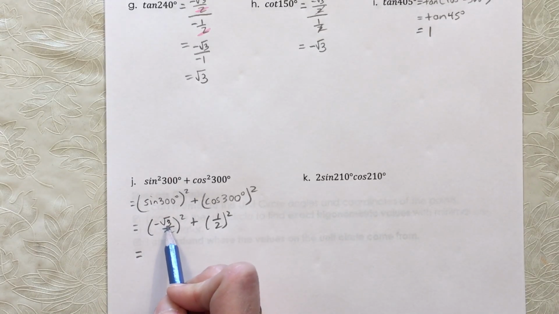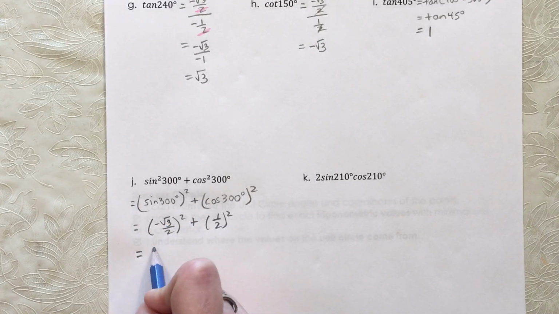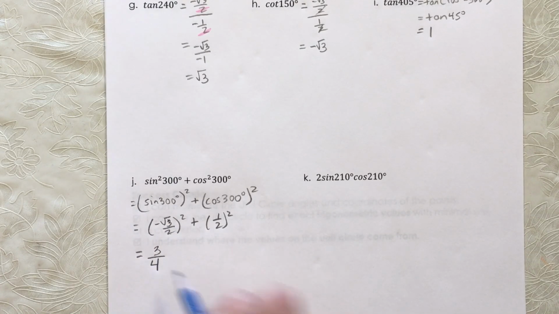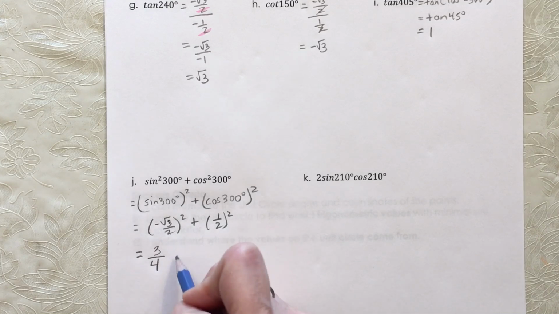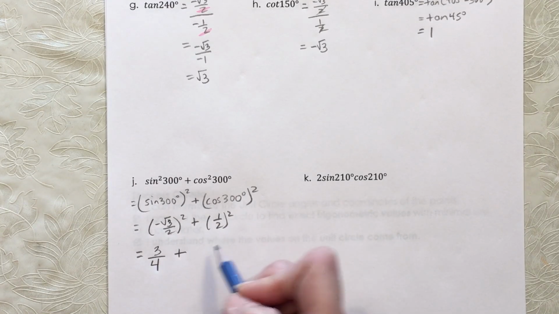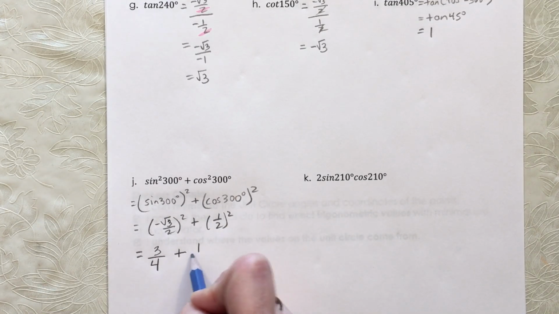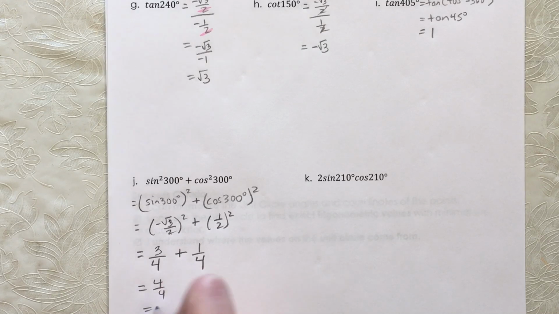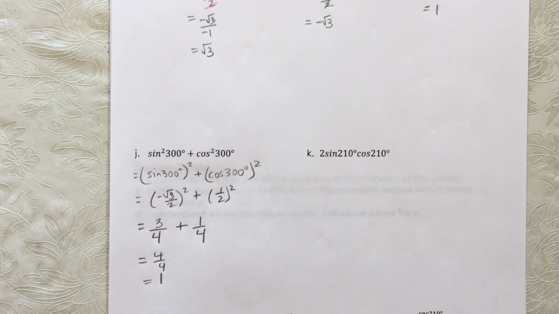So when you square negative root 3, you're going to get positive root 9, which is 3. And when you square 2, you're going to get 4. Plus, a half squared, so 1 squared is 1, 2 squared is 4. So 3/4 plus 1/4 is 4/4, which is 1. So the identity holds true then. Sine squared of 300 plus cos squared of 300 is 1.